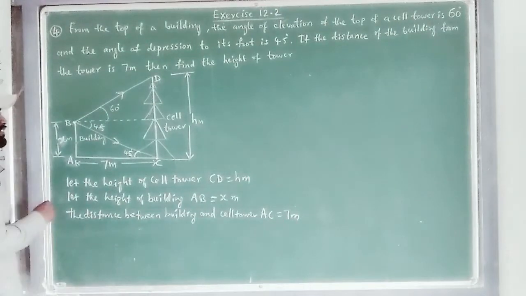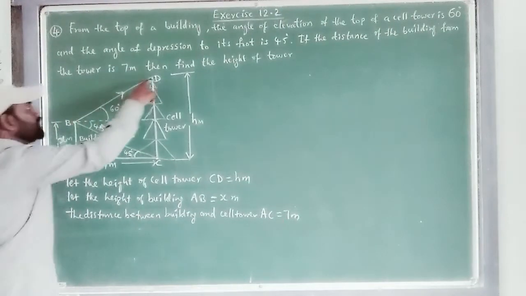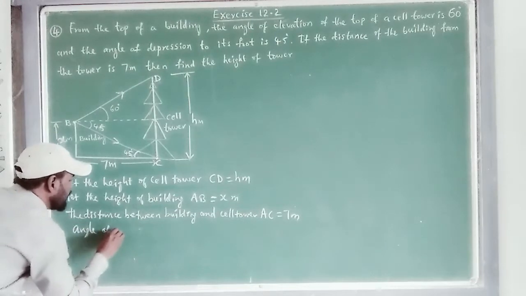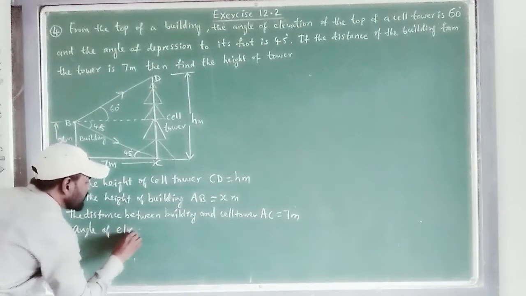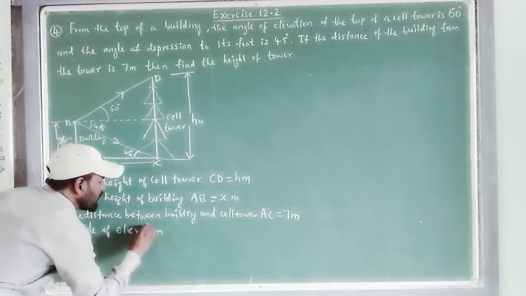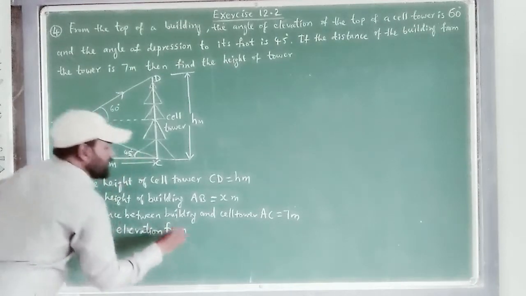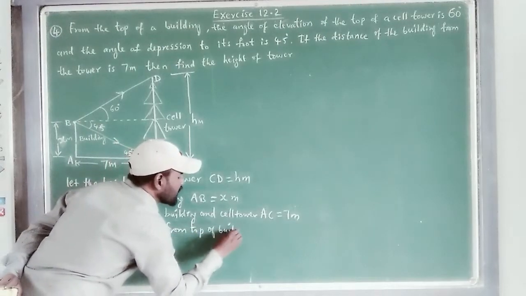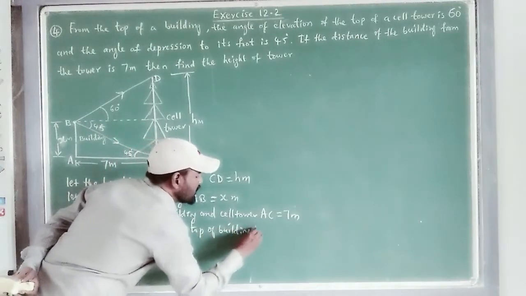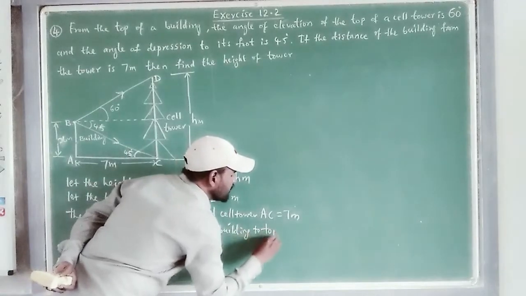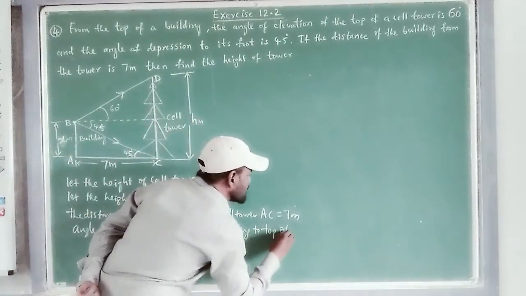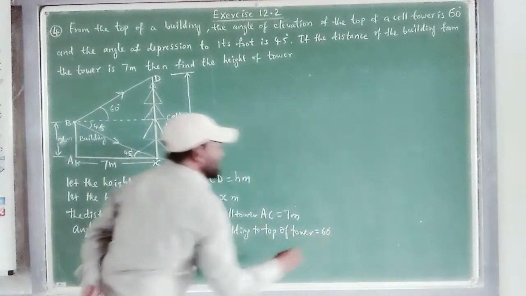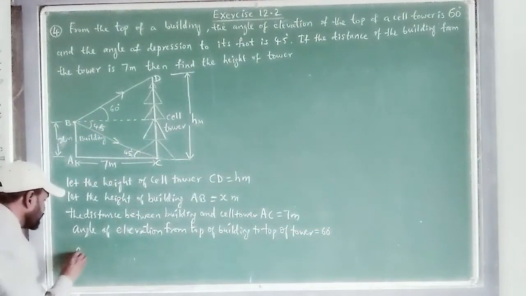Next, the angle of elevation from the top of the building to the top of the tower, which is 60 degrees. Now the angle of depression.